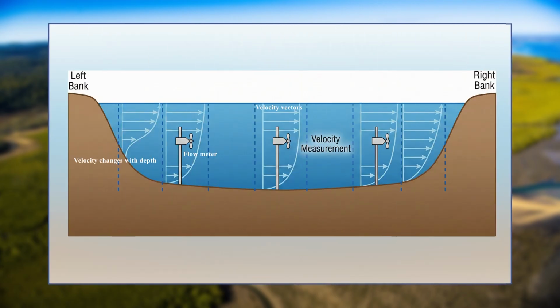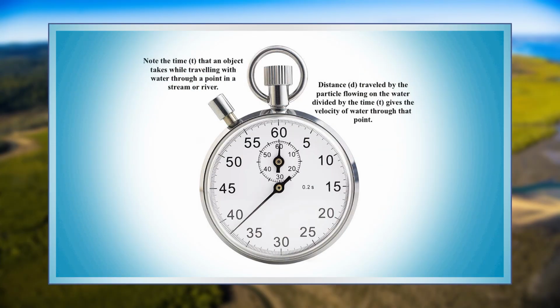The river cross section at the measuring site is divided into several vertical segments from surface to bottom. This is because the water speed varies across a river channel. The flow velocity in each segment is measured using different techniques. A stopwatch is a common instrument to estimate the velocity of flowing water.